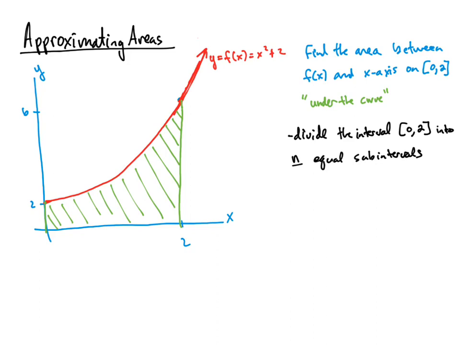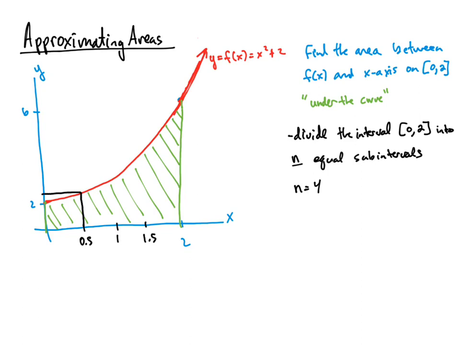I'm going to say that n is equal to 4 here. I've divided that interval into 4 subintervals, and I'm going to label these. This is 0.5, this is 1, this is 1.5, and then 2. What we do with these subintervals is draw rectangles.